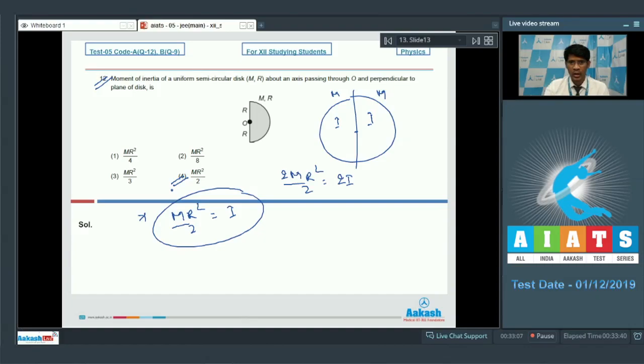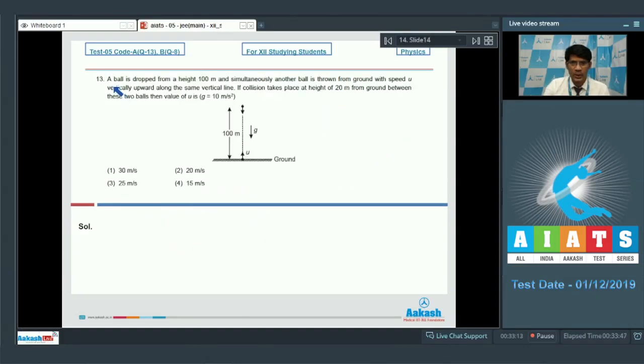Now we shall proceed to the next question. Here in question number 13, a ball is dropped from a height of 100 meter and simultaneously another ball is thrown from the ground with a speed u vertically upward along the same vertical line. If the collision takes place at a height of 20 meter from the ground between these two balls, then the value of u is? It's been given that the initial velocity of this particle was u along the upward direction and the other was having 0 velocity.